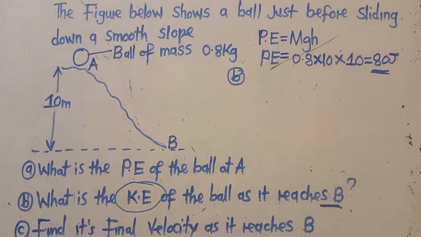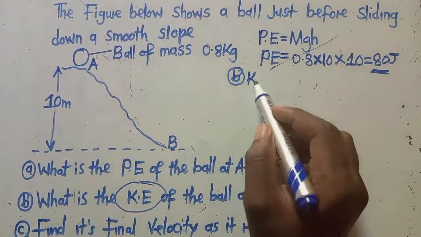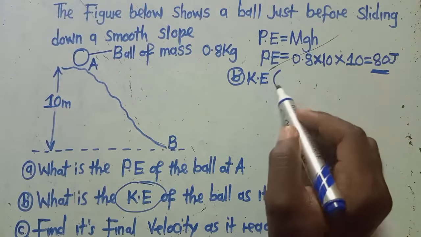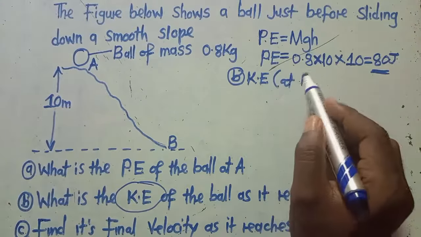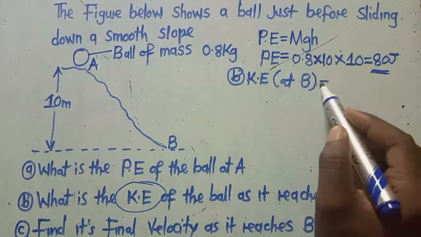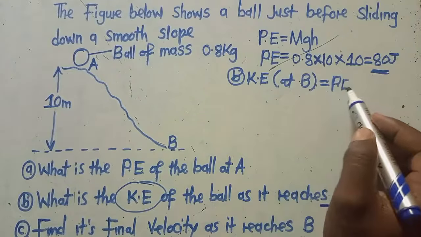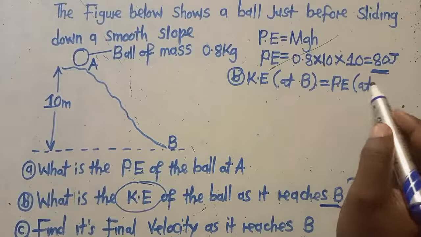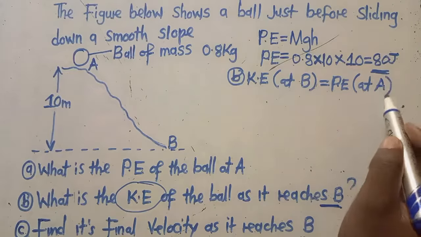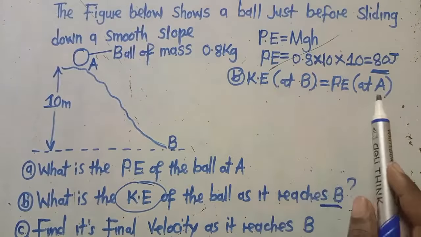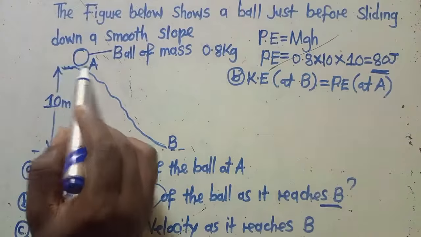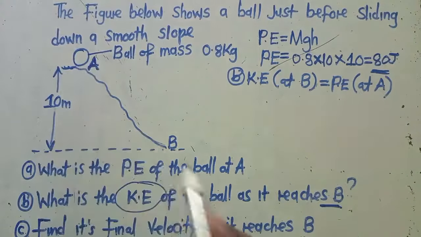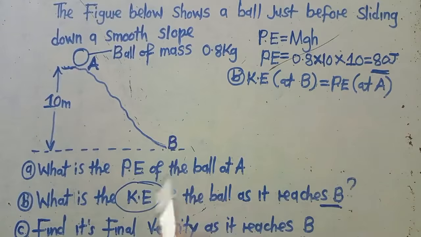Kinetic energy at B is equal to the potential energy at A. So potential energy at A is equal to the kinetic energy at B. These are certain concepts that you have to understand.